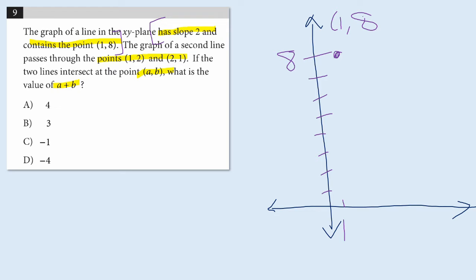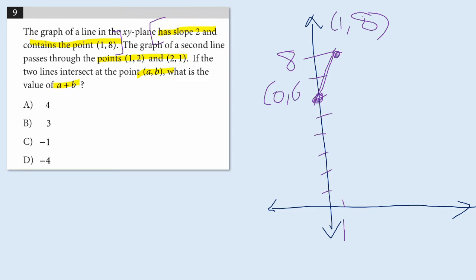All right. It has a slope of 2, so let's find the y-intercept. So that'll be going back 1 unit to the left, and that means it's going to go down 2 units. So that's my slope of 2, right? It's rising 2 units for running 1 unit, and that point is (0, 6).